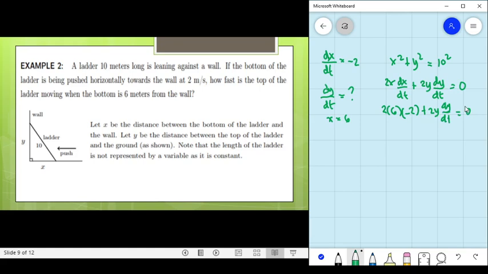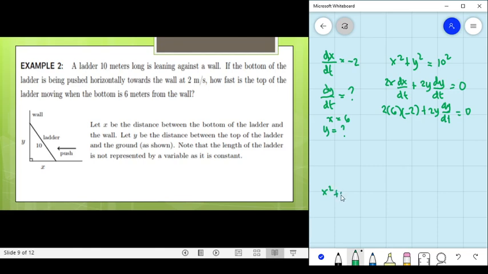Before we proceed to the next step, we are going to ask ourselves if we already have everything we need. dx over dt is given, dy over dt is the quantity required, x is also given, but we still do not have y. So how do we solve for y?